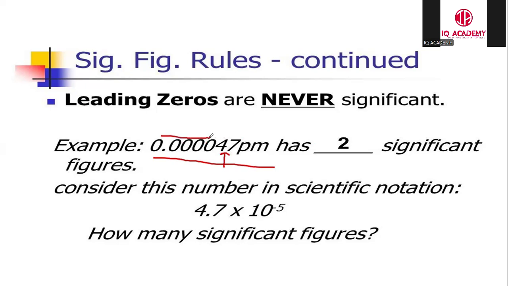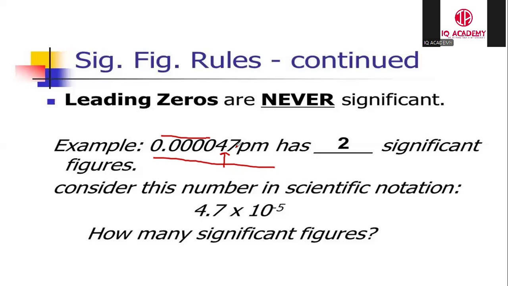Instead, they are there just to help us know the position of the decimal point, but they will never be significant. This number has how many leading zeros? 1, 2, 3, 4, 5. And all these zeros are not significant. So if they ask you how many significant figures this number has, you just say 2, because 4 and 7 are the only ones that are significant.